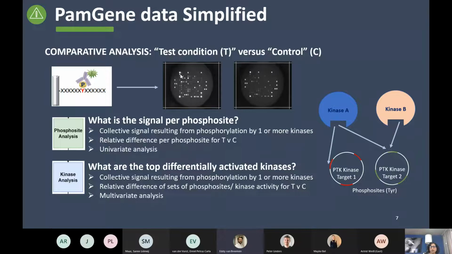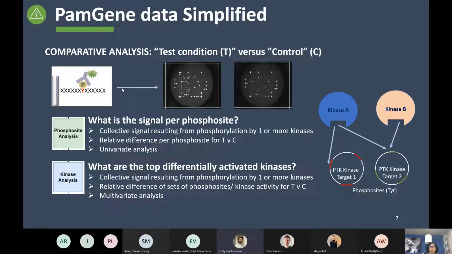As you all know, the spots you see on the array are actually the phosphosites that are being phosphorylated by the kinases in the lysate. And so each signal is actually a collective signal which could result from phosphorylation by one or more kinases, because each kinase can phosphorylate more than one target on the PAM chip. And so we look for relative differences between these phosphorylations.